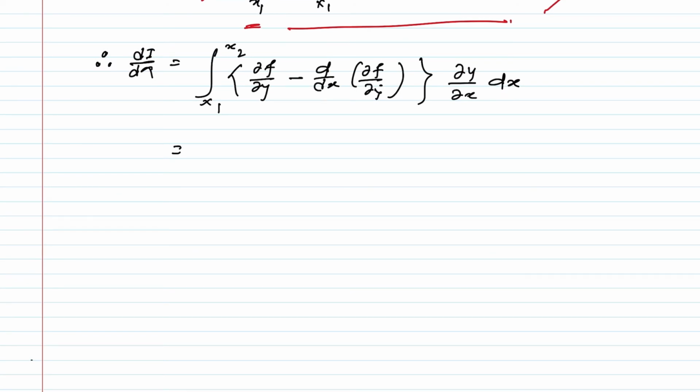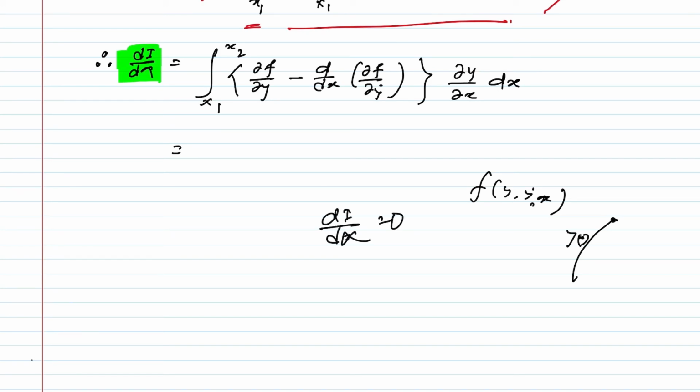here you see, this part will be stationary when this will be equal to 0. This function y of x will be stationary if dI by d alpha is equal to 0.